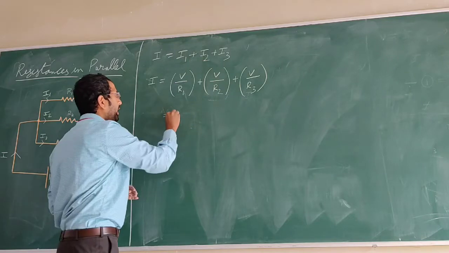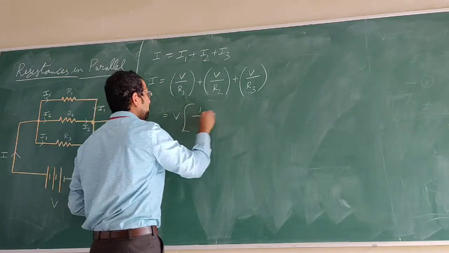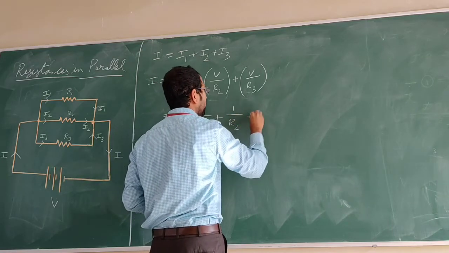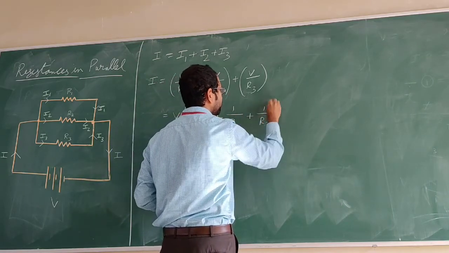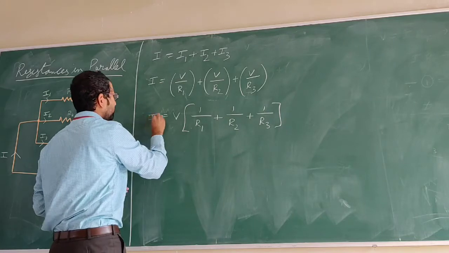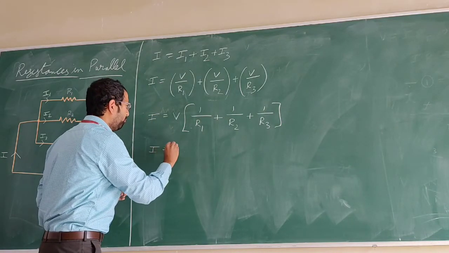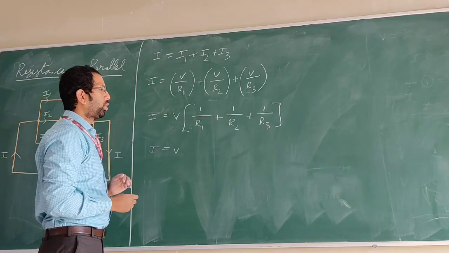Now V is common, take V outside: 1 by R1 plus 1 by R2 plus 1 by R3. So write I is equal to V into total resistance.